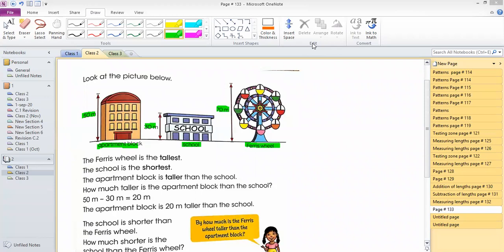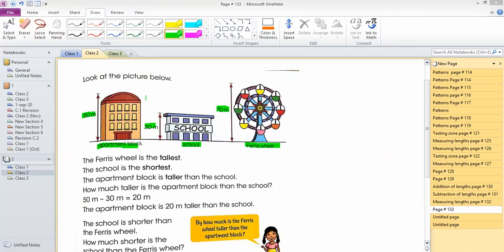Which has the highest, which has the longest, which is the tallest? Can you tell me, guys? Ferris wheel. Ferris wheel is the tallest. Very good. So you all are saying Ferris wheel because you can see that Ferris wheel is 70 meter.